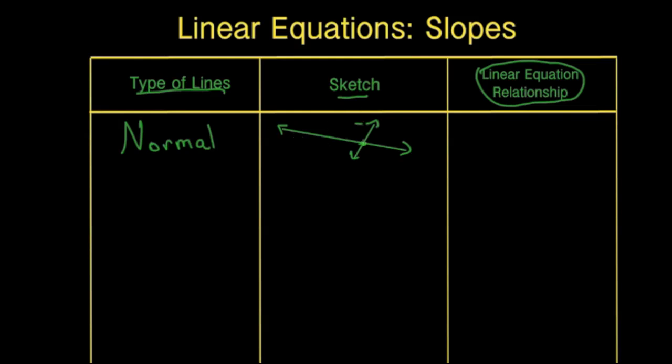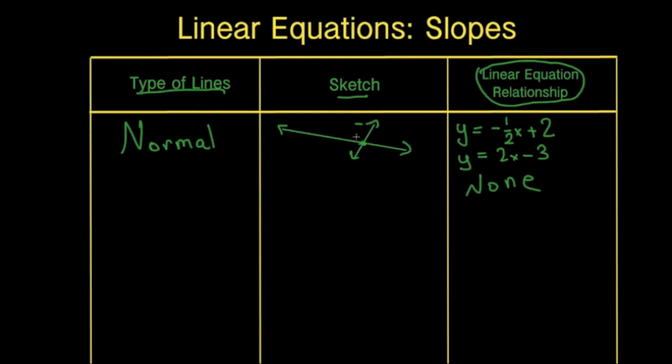So this guy may have an equation of y equals negative 1/2 x plus 2, and this guy may have y equals 2x minus 3. Let's just make up something there. Is there any particular relationship between these two equations? Not quite. So there's just no particular relationship that they have.